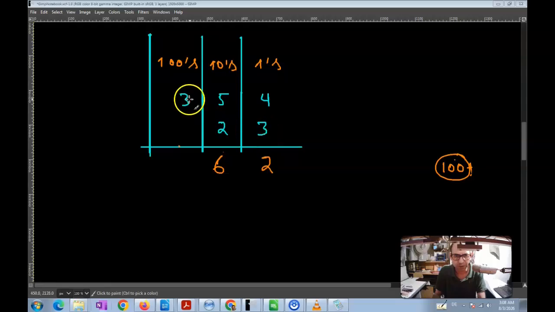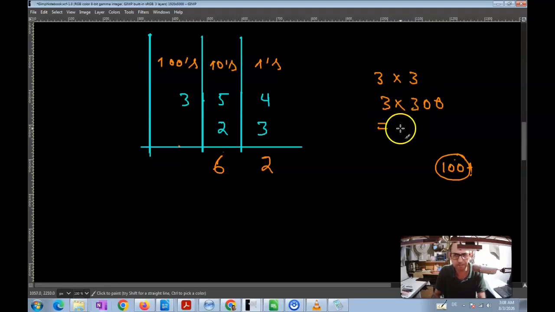Now the next part is 3 times 3, but then the second 3 over here is actually a 300, because that's in the hundreds place value. 3 times 300 is 900, and then we have also 100 over here. So 900 plus 100 is 1000.